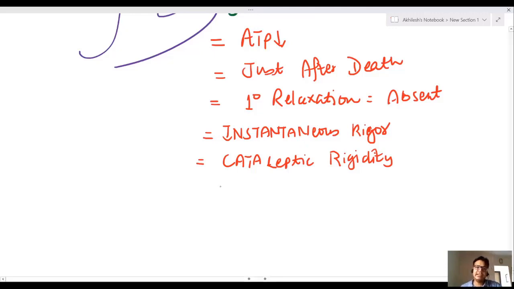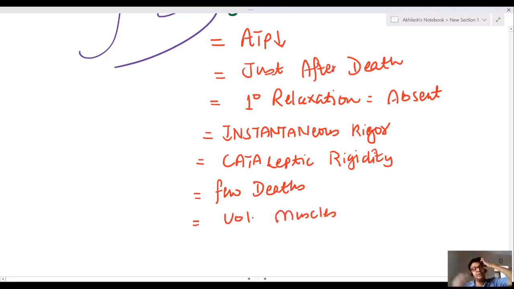Sir, it is seen in few deaths. Rigor mortis is seen in all deaths. Cadaveric spasm only involves voluntary muscles, mostly a short group of muscles like the hand, while rigor mortis involves all muscles.